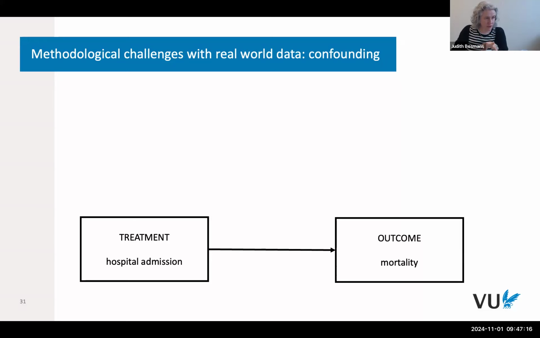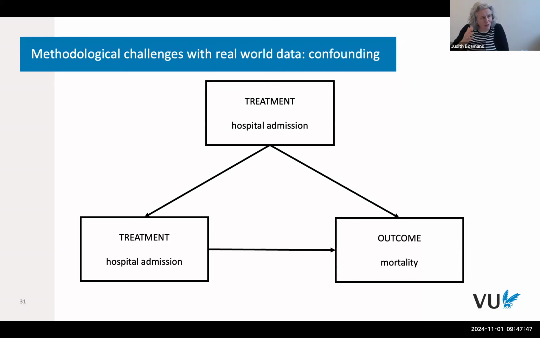This is a very well-known example where we have a treatment, which is a hospital admission, and the outcome mortality. Probably you will find that people who have a hospital admission are more likely to die than people who do not have a hospital admission. Does that then mean that being admitted to the hospital increases mortality? No, right? We admit people to the hospital to make them better.